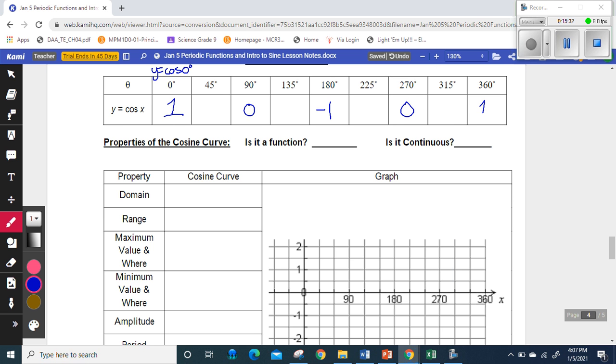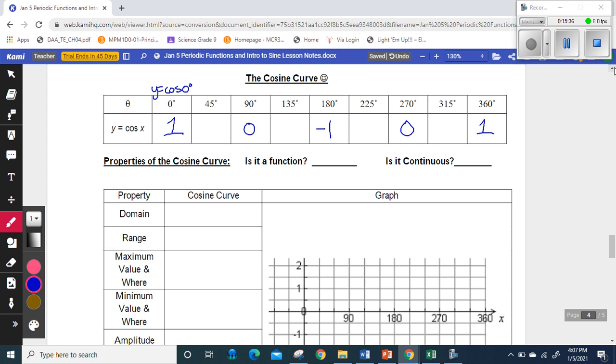And 360 is at 1. And again, special triangles, 45 degrees. Cosine of 45 degrees is 1 over root 2, which if you calculator it is 0.7. And then we go to 0. And then negative 0.7, negative 0.7, and back up to positive 0.7.